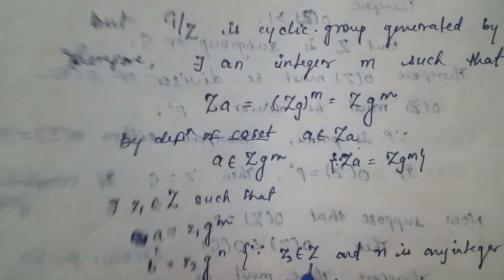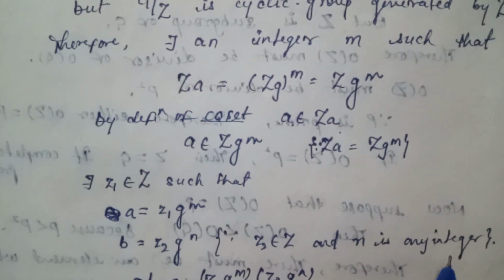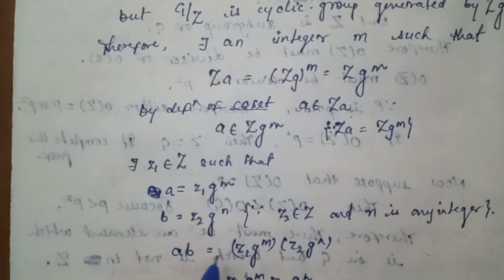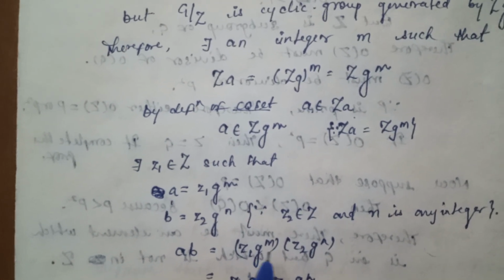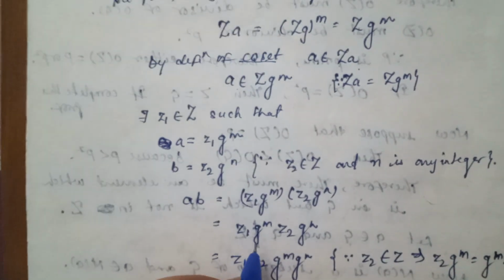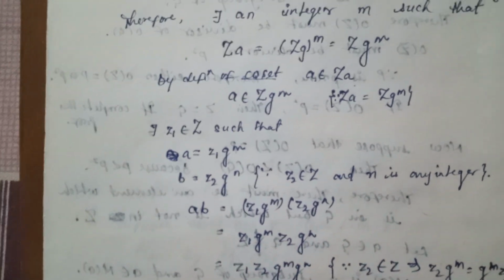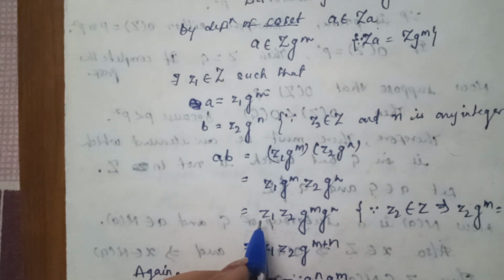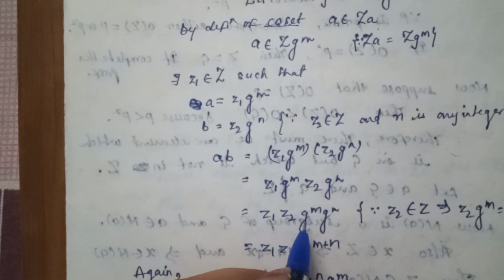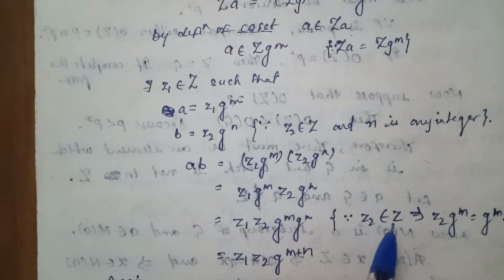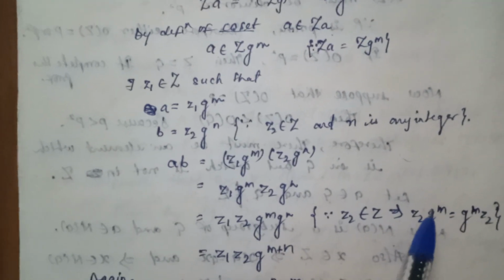Since Z2 belongs to Z and n is any integer, AB is equal to Z1 g to the power m and Z2 g to the power n. So it can be written as Z1 g to the power m Z2 g to the power n. Since Z2 belongs to Z, Z2 g to the power m is equal to g to the power m Z2.